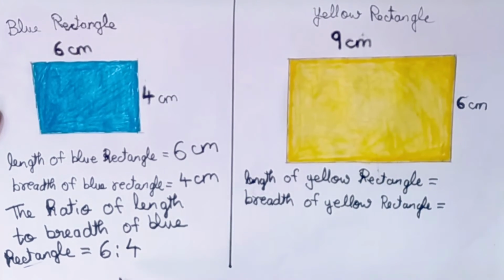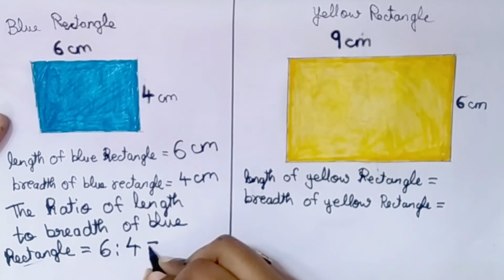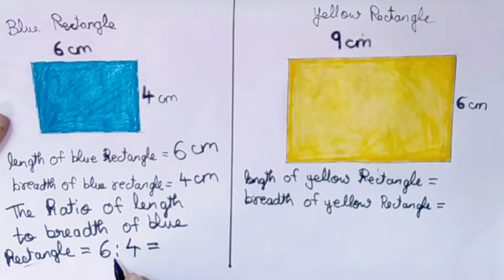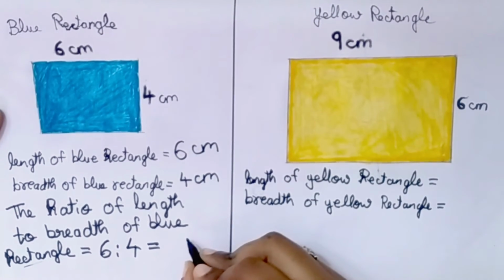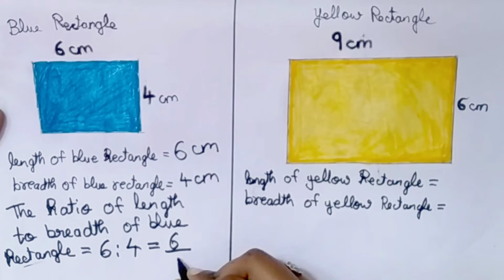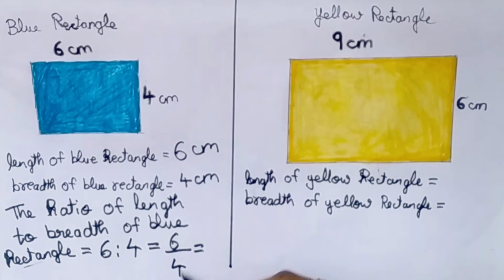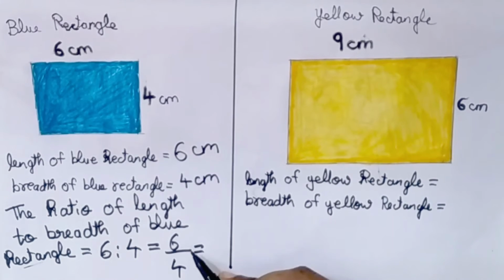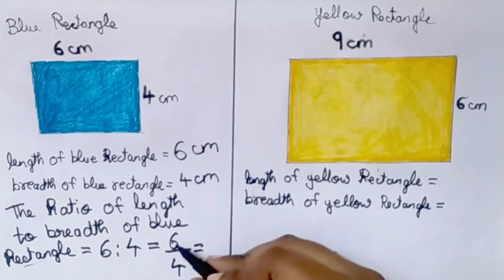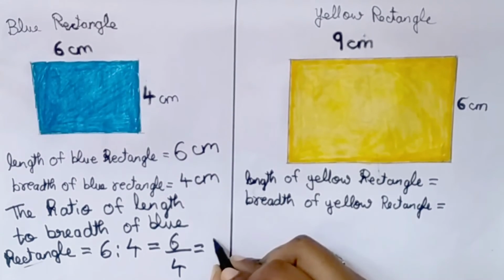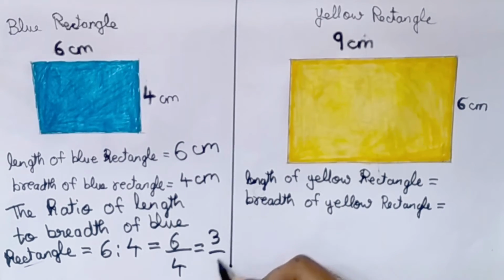We can reduce this further. 6 is coming first, so that will come in the numerator. So 6 upon 4. We can divide both numbers by 2: 2 threes are 6 and 2 twos are 4.